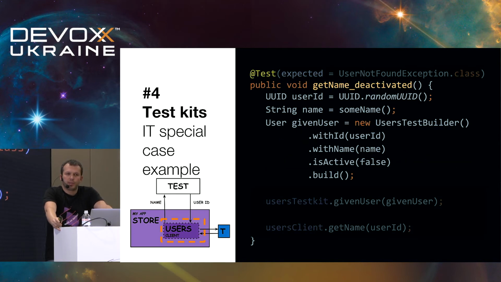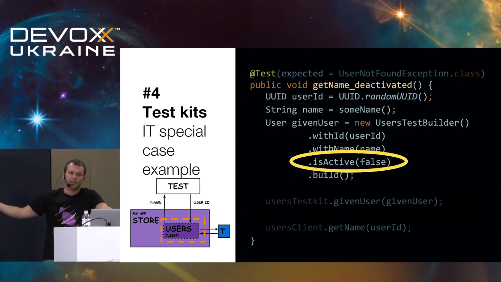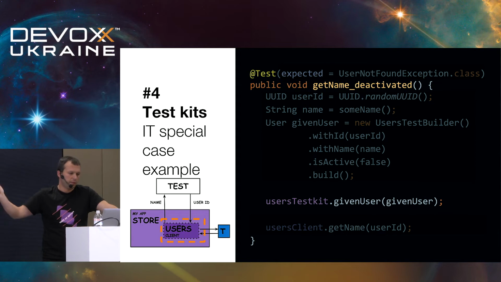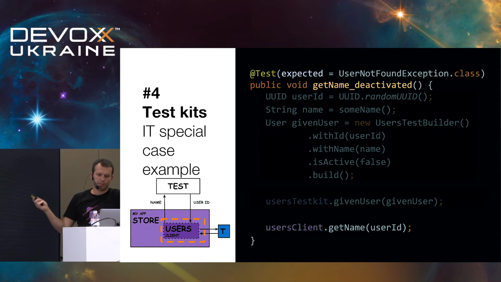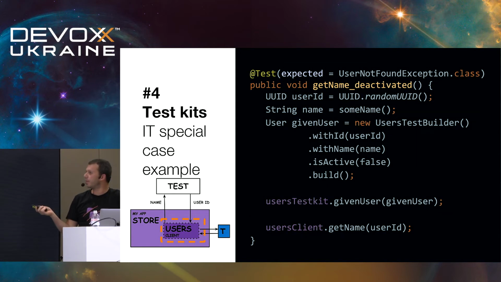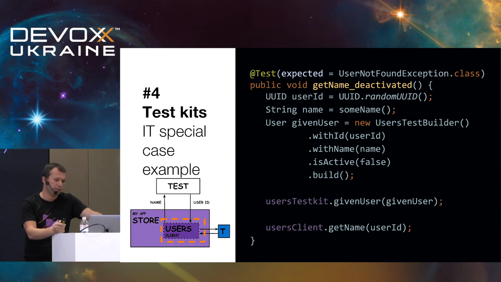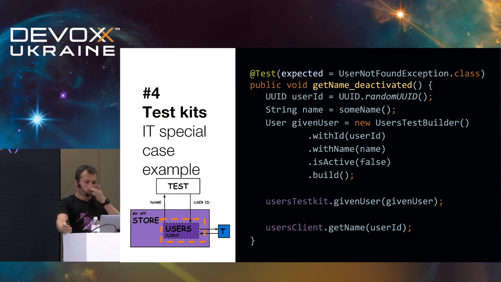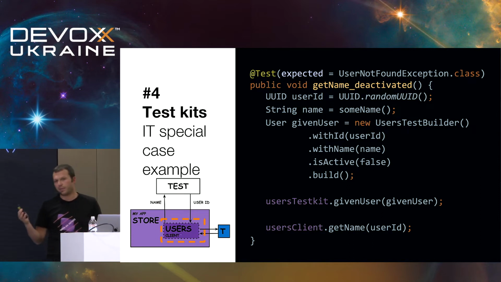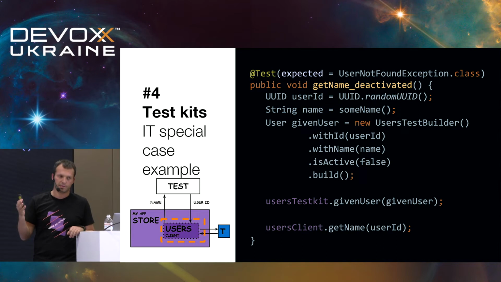Also, we can test special cases. For example, this one. So we can set is active false, and then we say given user, and when we get the name, we expect to get the exception. Now we know that there is also a back office API that should respond to this. We want to test it.